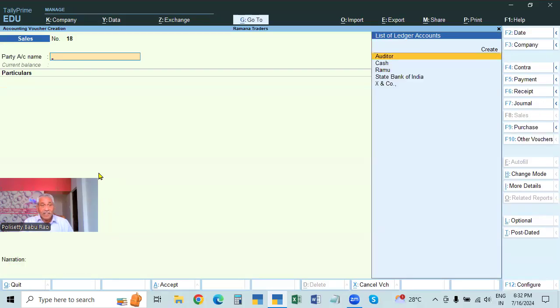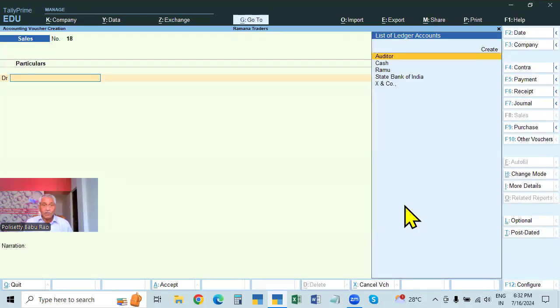Okay. And here, the same thing, all are goods sold. And for example, if it is service, it is service as voucher. If it is service for sales also, without goods, we are giving service to Ramu. So for example, now we are the auditor.